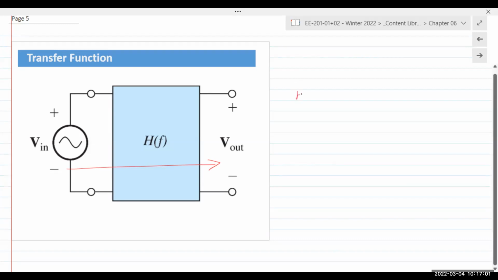Simply put, H of f is the ratio of the output voltage to the input voltage. H of f is simply V out over V in.